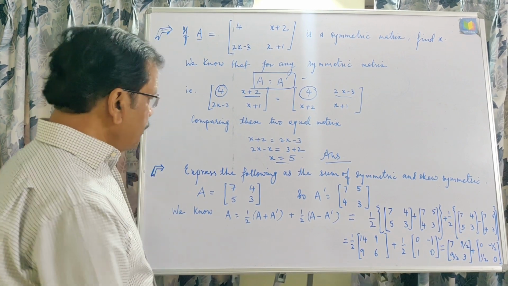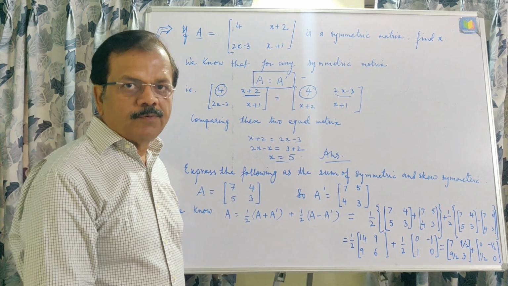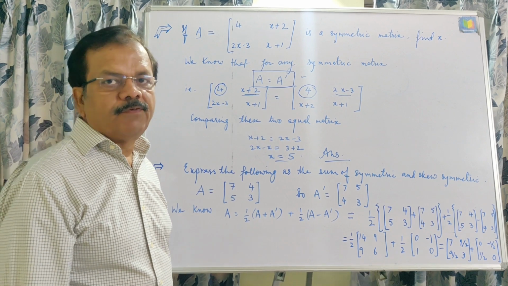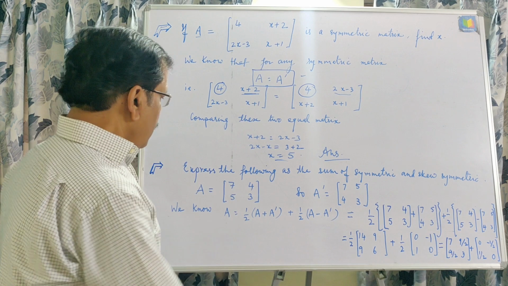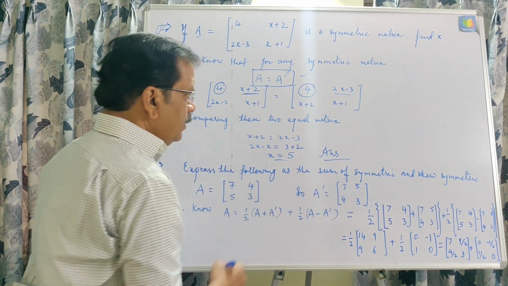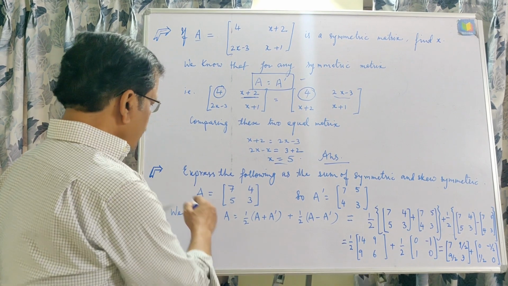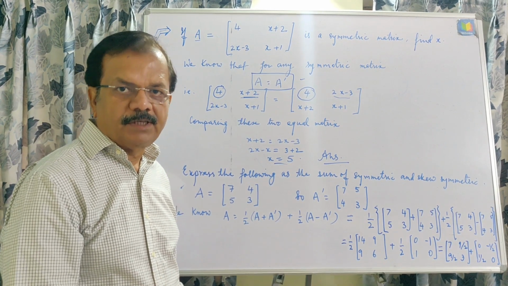Okay, in the next question also we will follow the theorem that we just proved, that is, how we can write any matrix in the form of a symmetric and skew symmetric matrix. Now express the following as the sum of a symmetric and a skew symmetric matrix. We are given A is equal to 7, 4 and 5, 3.